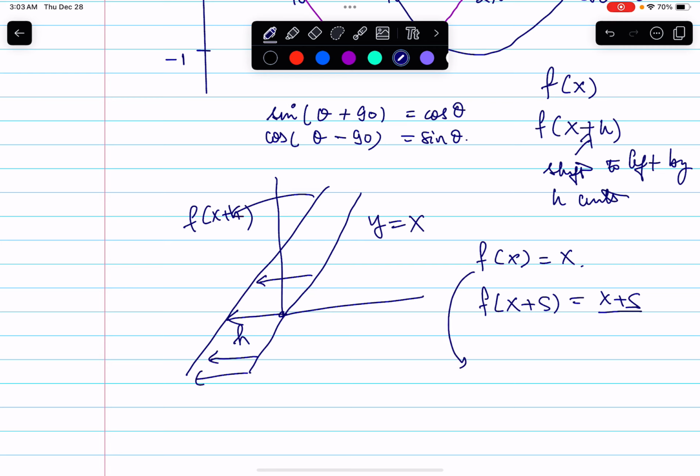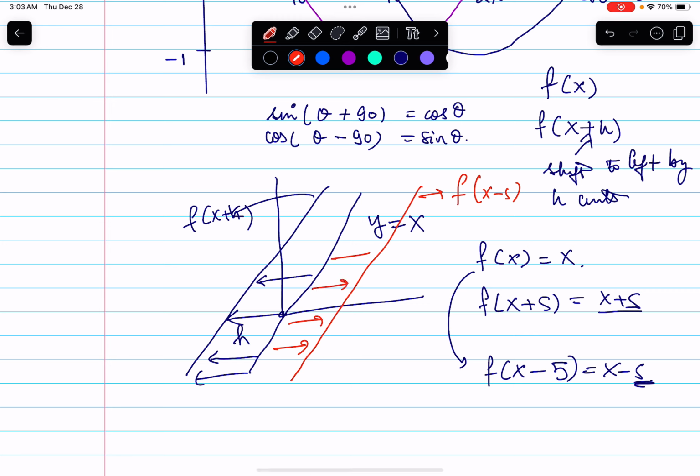On the other hand, if f of x is equal to x, then f of x minus 5 should just be x minus 5. In this case, all you're doing is that this is your function f of x minus 5, and you have shifted everything to the right by h units.